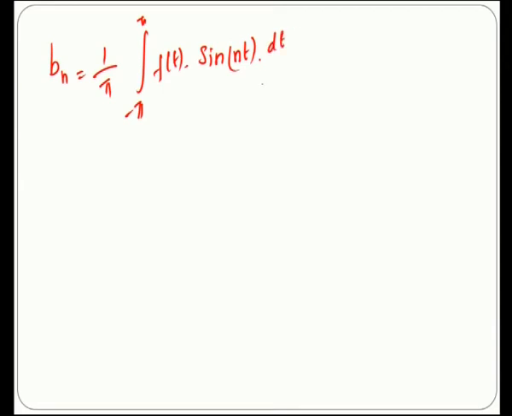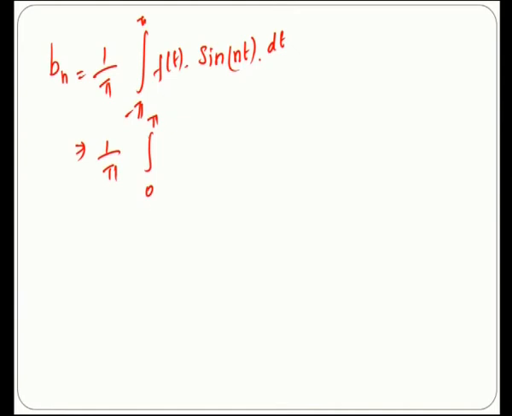So, now calculate the b n value, the coefficient, which is equal to 1 by pi integral minus pi to pi f of t into sin n t into dt. So, I will write only the upper limit 0 to pi, because from minus pi to 0 the f of t value is 0.